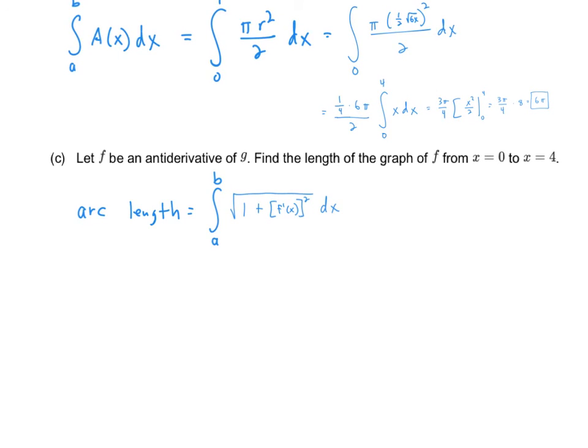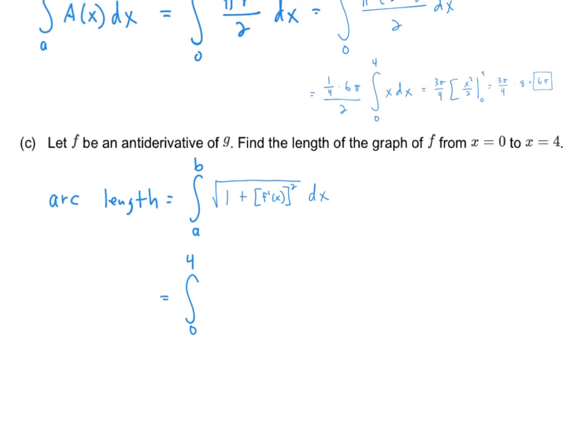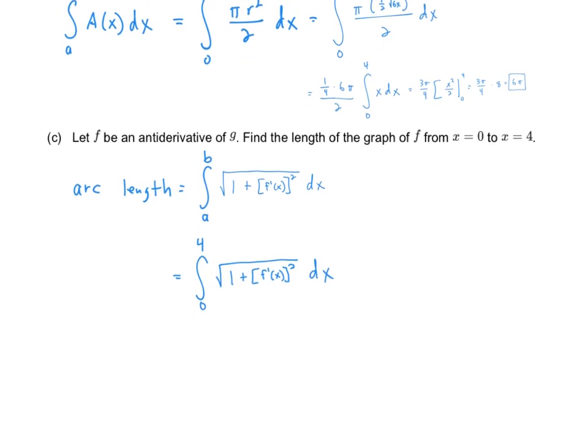Now we want to find the length of the graph from 0 to 4. The integral from 0 to 4. We'll do 1 plus the derivative of f, so that'll be f prime of x. That's like this exact same thing.